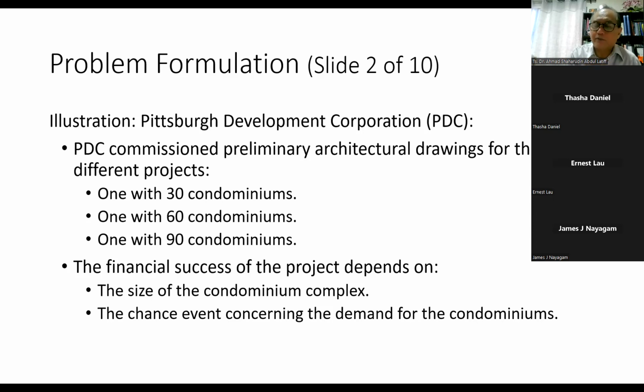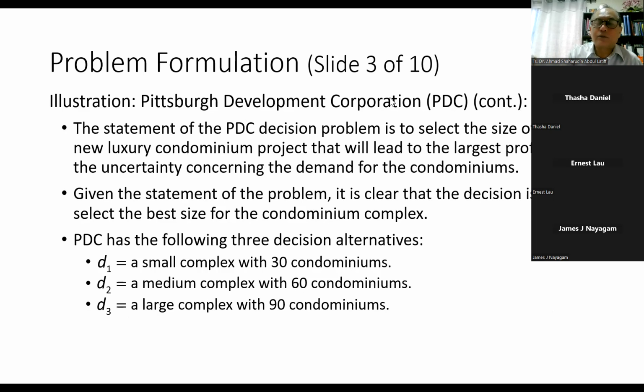The financial success of this project will depend on the size of the condominium complex, 30, 60, or 90 condominiums, and then a chance event concerning the demand for the condominiums. There can be high demand, low demand, or mid-scale demand. The PDC needs to select the size of the new luxury condominium project that will lead to the largest profit, given the uncertainty concerning the demand.